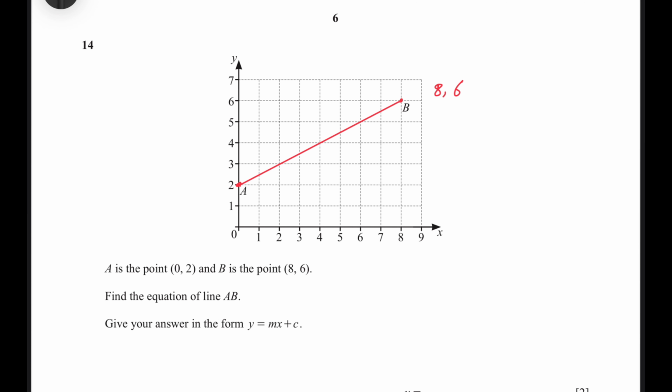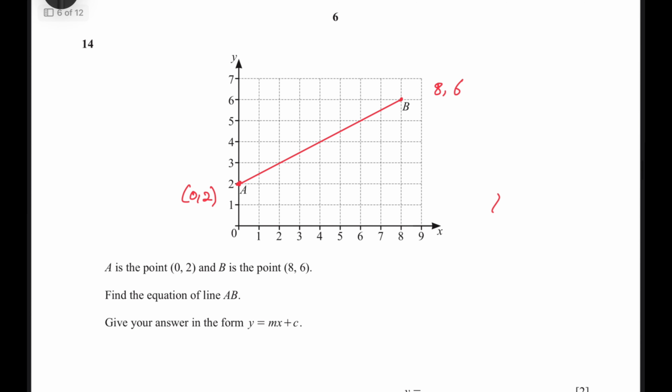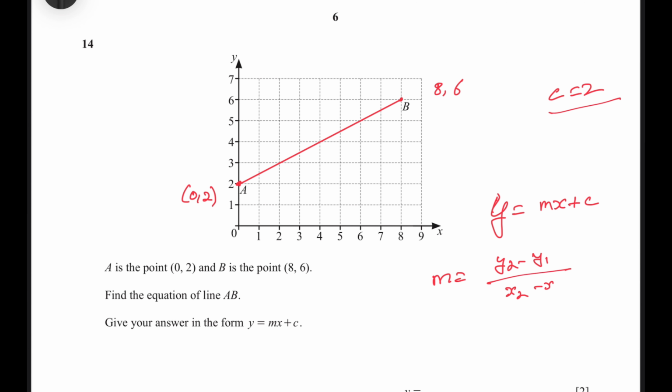Okay, if you see that in the line AB, this has coordinate 0 comma 2. First of all, we have the y-intercept. Y-intercept is 2. So we know that when we write y equals mx plus c, c is the y-intercept. Over here you can write c equals 2. What do we have to find? We have to find the gradient. So we can find the gradient by using the formula m equals y2 minus y1 upon x2 minus x1.